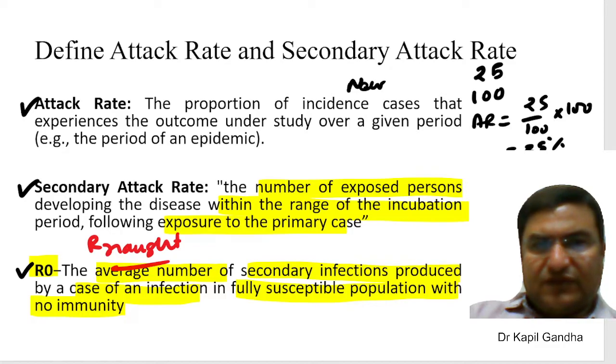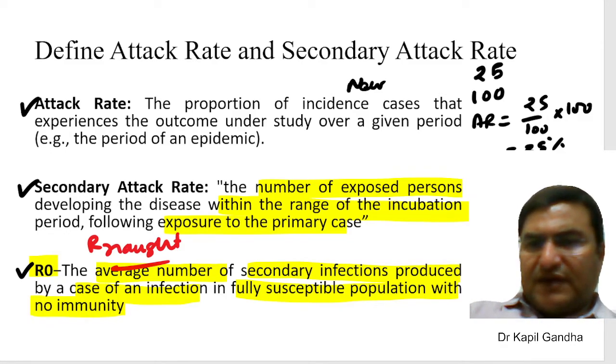In the case of COVID-19, the R naught is 2.5. So one person can infect 2 to 3 people in the susceptible population.